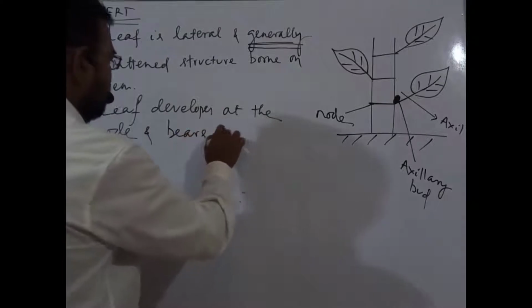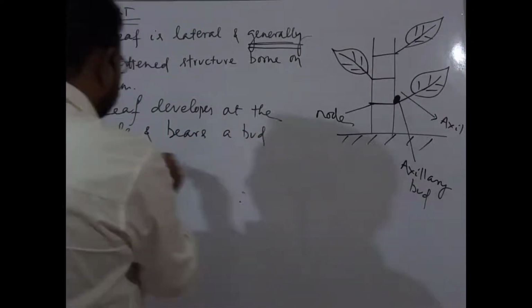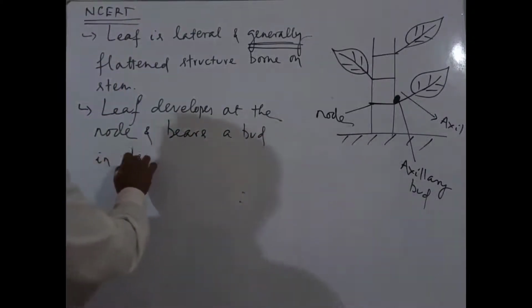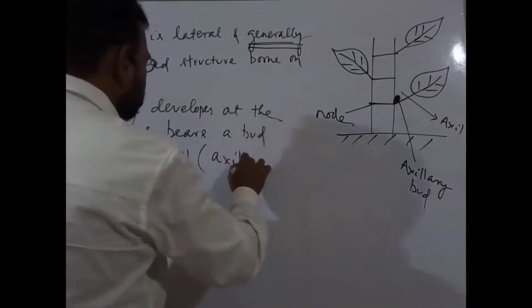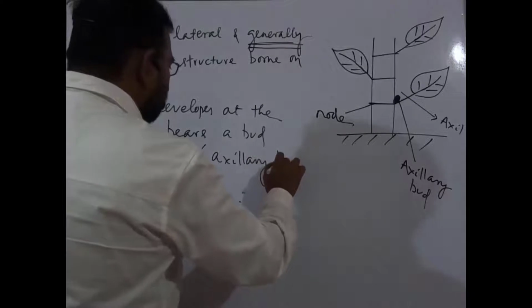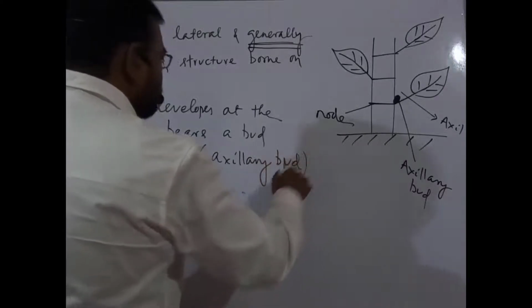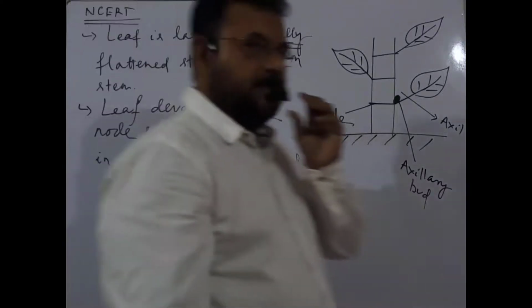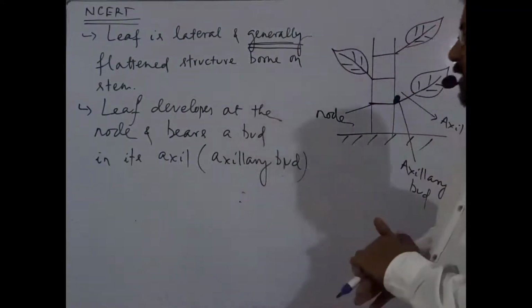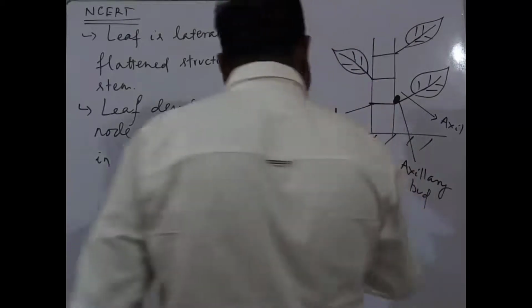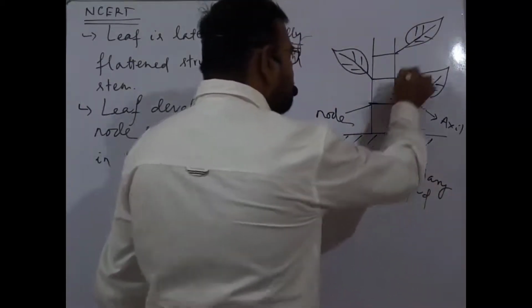Bears a bud in its axil, or this is called axillary bud. As per its position, the bud is present in the axil, that's why it is called as axillary bud with related to its position. And this axillary bud that later on gives a new branch.